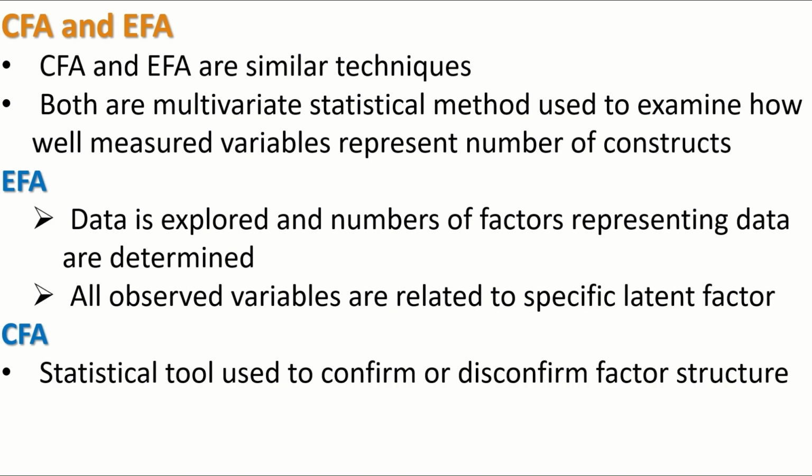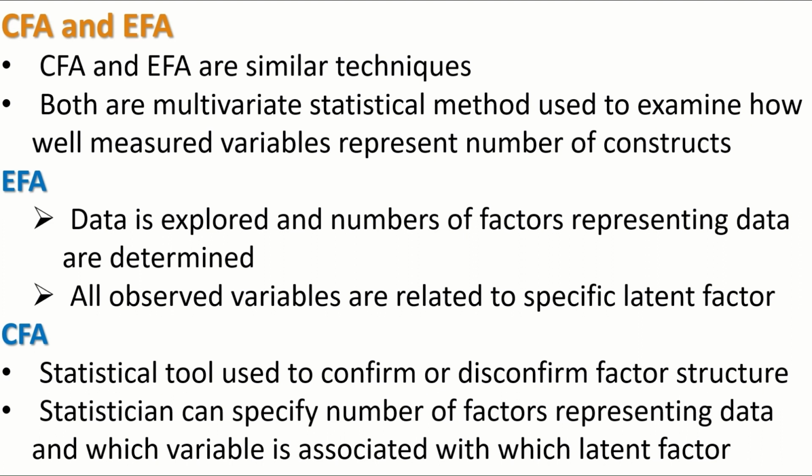On the other hand, the CFA is a multivariate statistical method that is used post performing the EFA, and it is used to confirm or disconfirm the factor structure or the model structure or the hypothesized model that has in it the number of the factors and the number of items that is linked or associated to a specific factor.